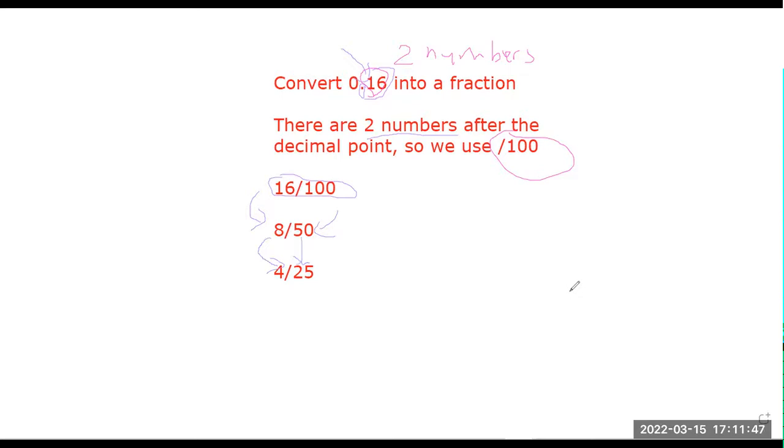So let's look at one more example, and then we will move on. So let's try this example, 0.25. Write 0.25 as a fraction. Right, so we're converting the 0.25, which is a decimal number, into a fraction. So go ahead, guys.